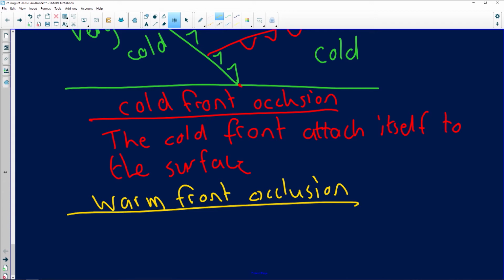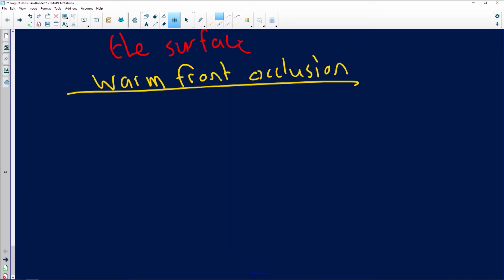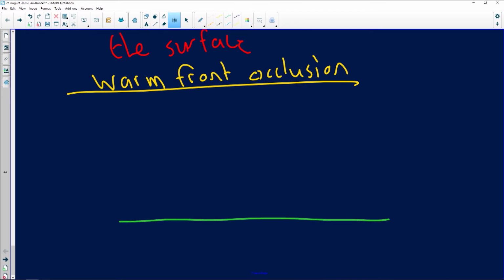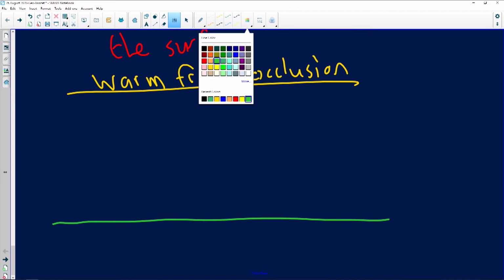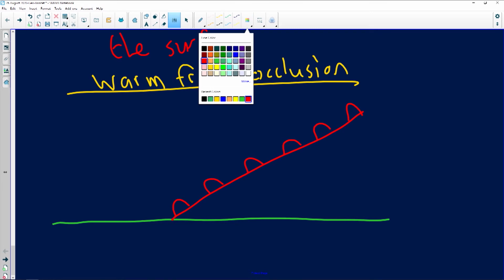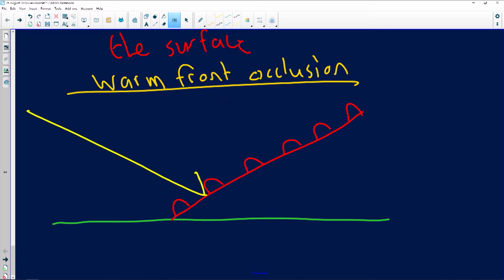Now, with a warm front occlusion, the warm front attaches itself to the surface. There's the surface. There's the warm front. And the cold front attaches itself, let me use yellow, attaches itself to the warm front.